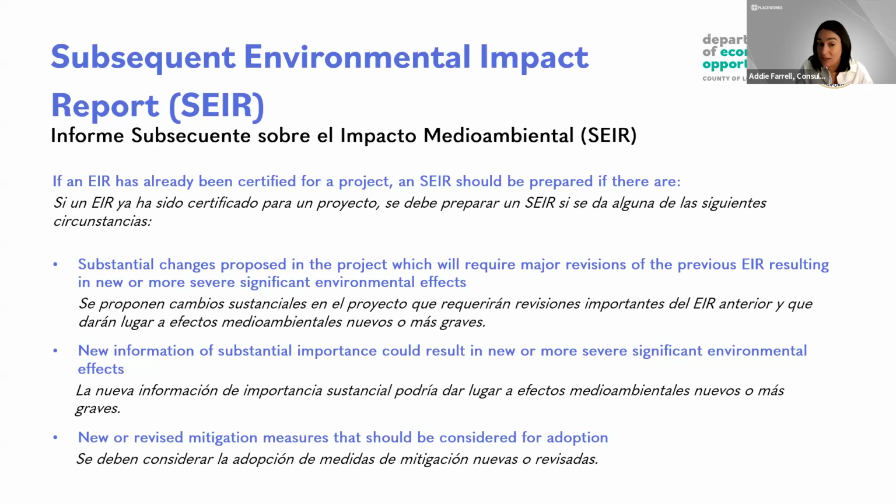The second condition is if there is new information of substantial importance that could result in one or more severe environmental effects. And then the third is whether there are new or revised mitigation measures that should be considered by the county for adoption since the previous 2014 environmental impact report.